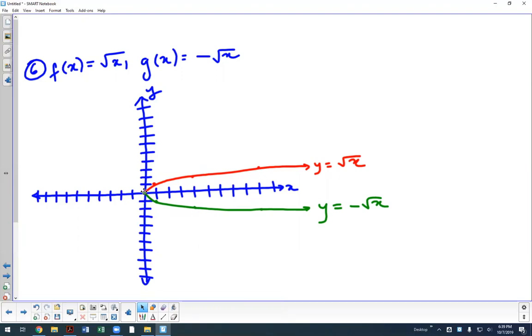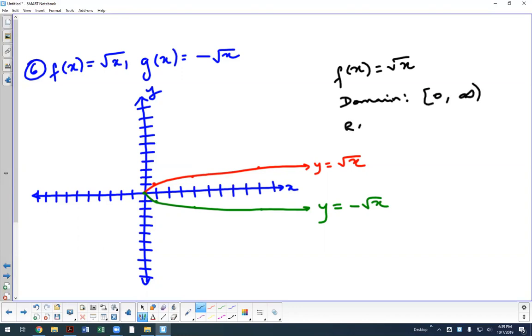Okay, so most of you had this, but some of you were still working on your domain and range as I was walking by. So for our first function, and we looked at this in the previous example, so you should have that information. We're going from 0 to infinity on the x, 0 to infinity on the y.